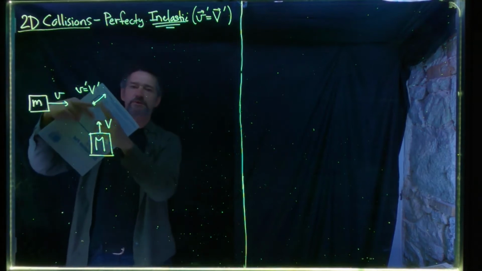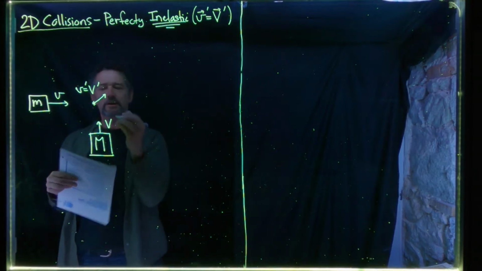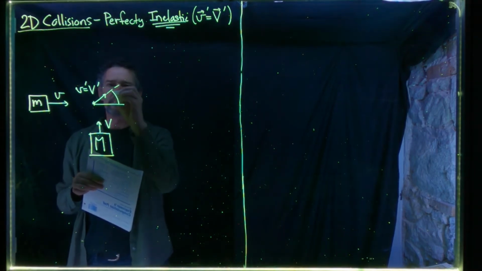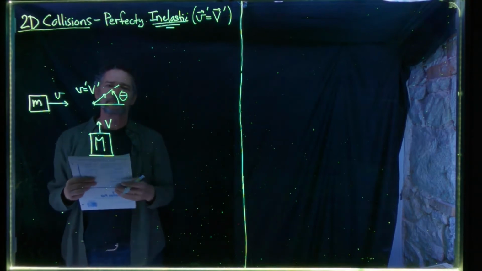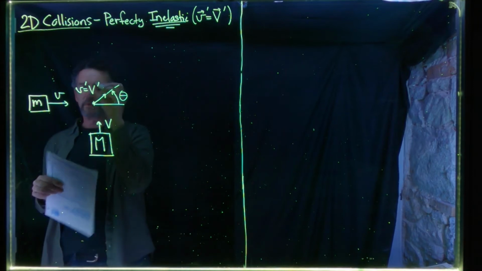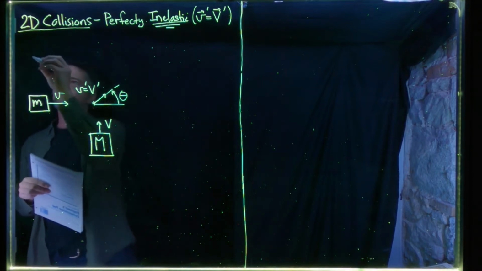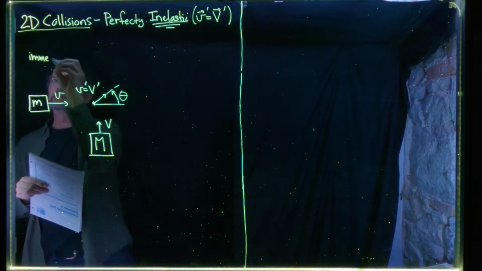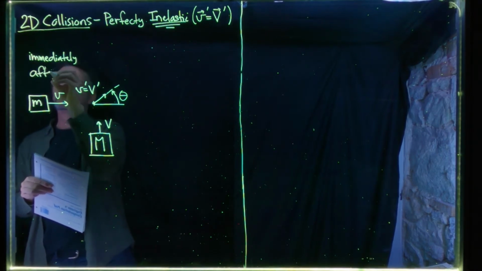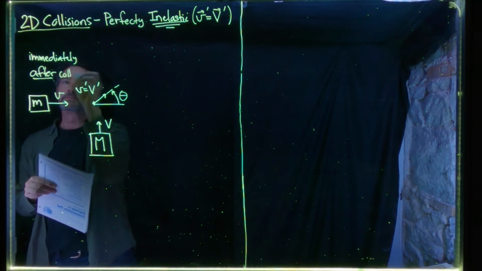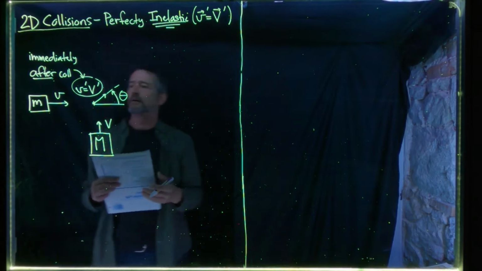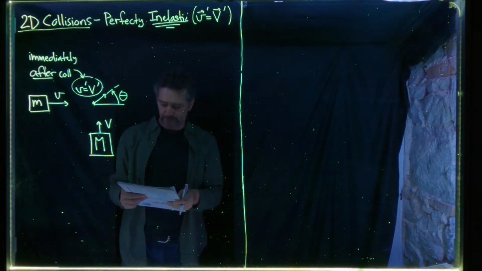So they're both moving with the same final speed, and they're moving together in a common direction, which we will call some angle theta, like this. I should emphasize: immediately after the collision, they have a common speed, little v prime equals big V prime.